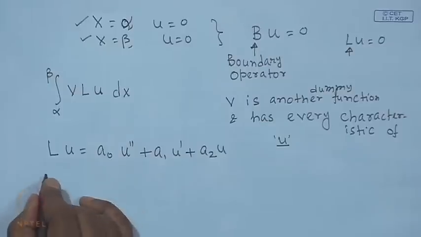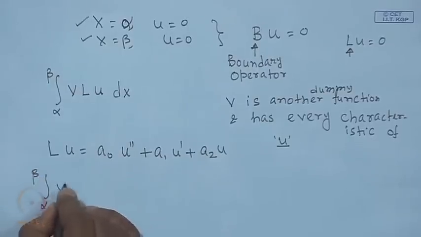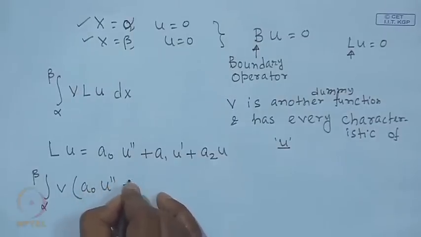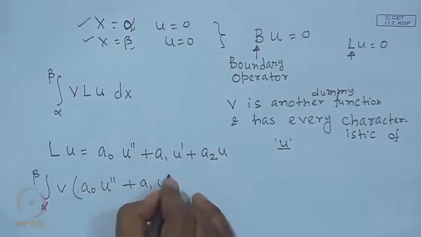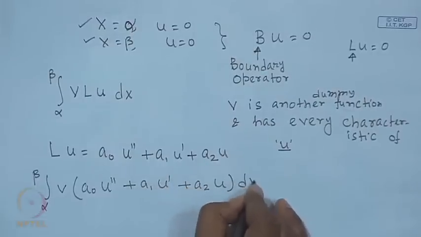So, we put the expression of L there: the integral of v times (a0 u'' + a1 u' + a2 u) dx.